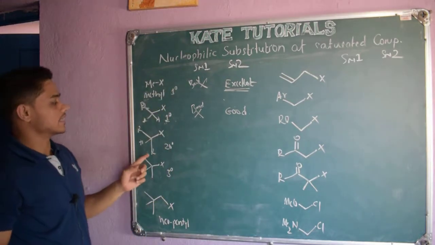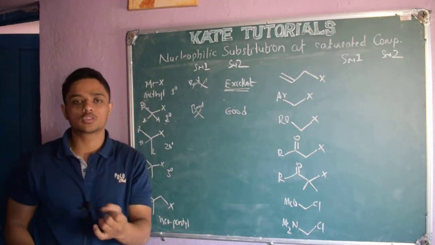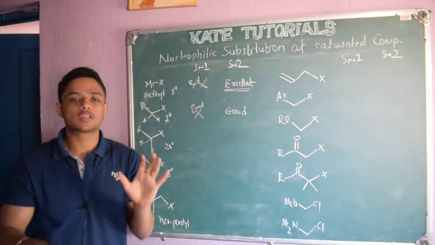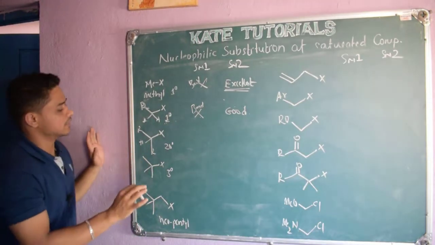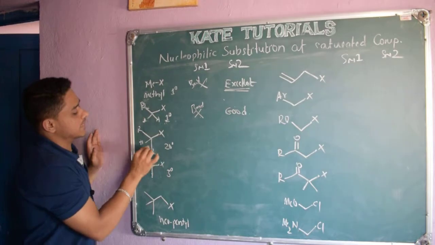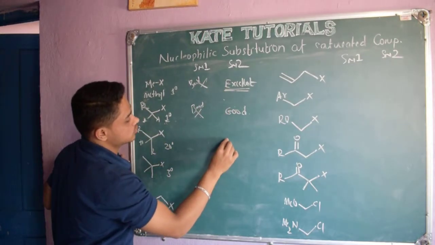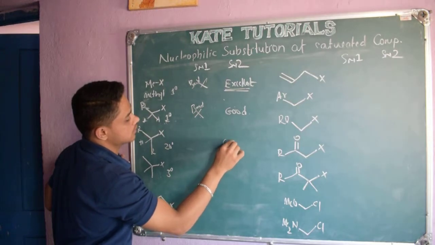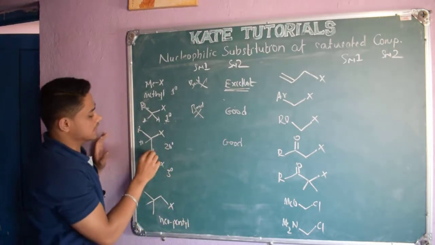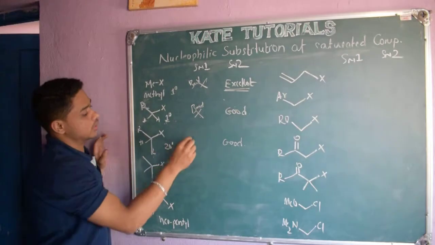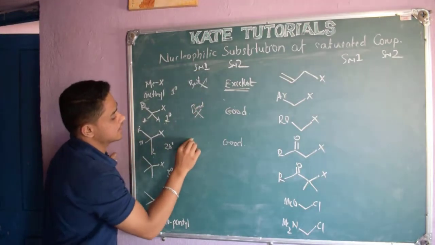In secondary we need to see the solvent effect and everything. If these groups are not that bulky, then it may give SN2. If these are bulkier, then the major product will be SN1.